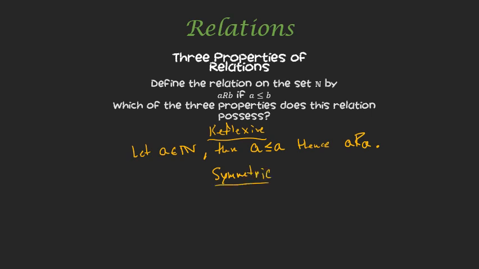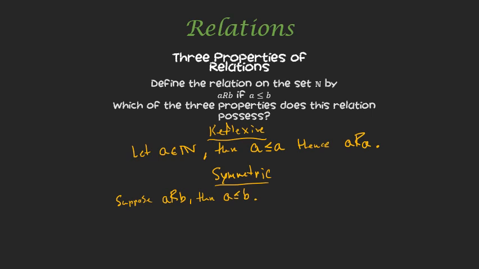What about the symmetric property? Is it symmetric? Well, we need to prove that implication: if A is related to B, then B is related to A. So suppose A is related to B. Then what follows is that A must be less than or equal to B by definition of our relation. Can we conclude from that that B is less than or equal to A?